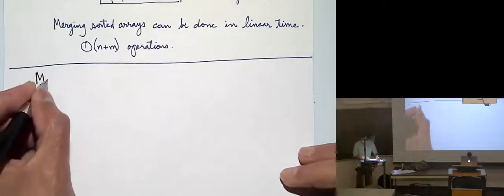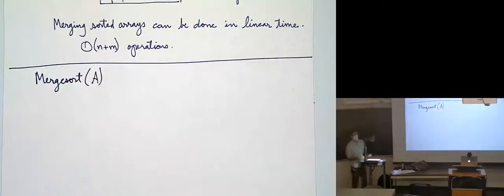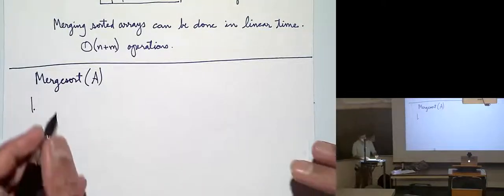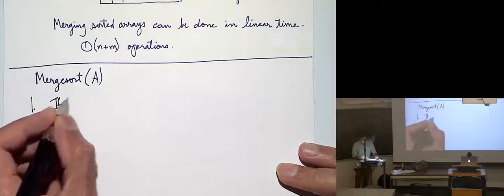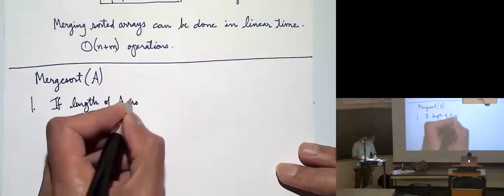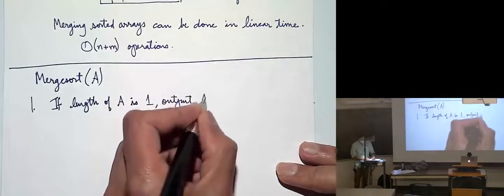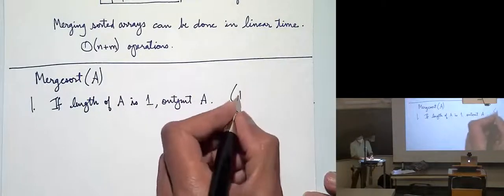So let's do merge sort of an array A. I'm going to be a little casual and maybe sloppy with my variables and types, because my aim is not to focus on the programming language part of it, but rather the basic principles. So we'll say, okay, if the length of A is 1, then you just output A. This is the base case.